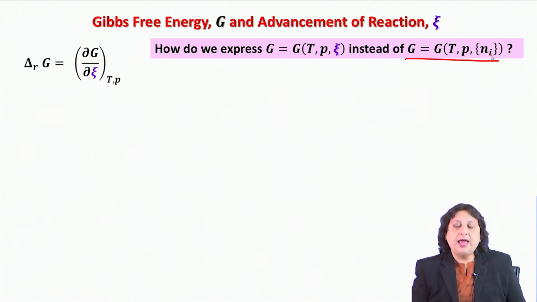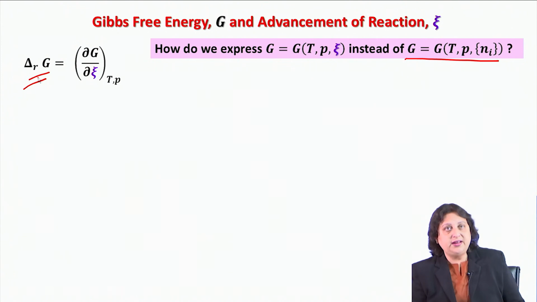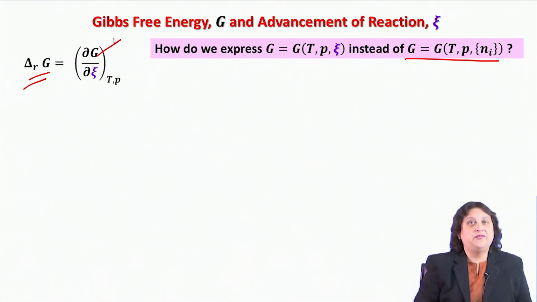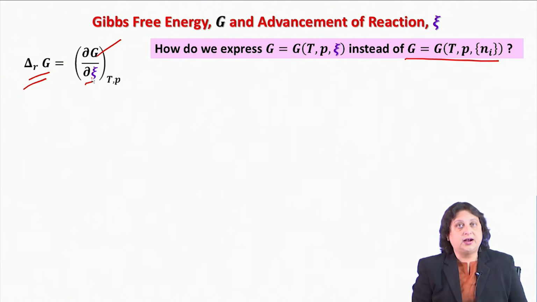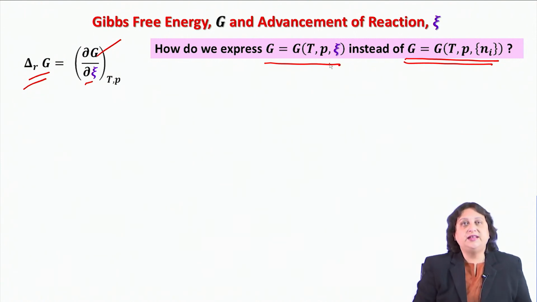But now, as I have this chemical equation and I am perturbing it only a little at a given temperature and pressure and allowing it to undergo a change in every species by this infinitesimal amount d xi, in order to understand how the Gibbs free energy varies with the advancement of the reaction, I need to understand how G varies as a function of temperature, pressure and xi when I keep T and P constant.